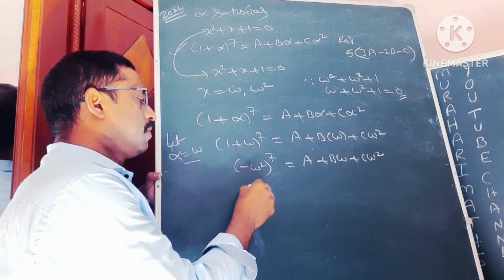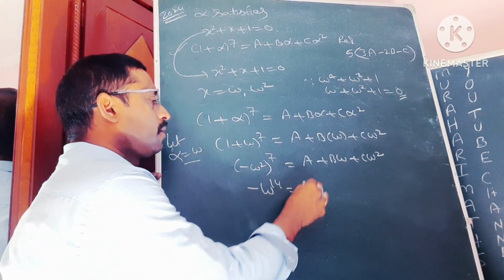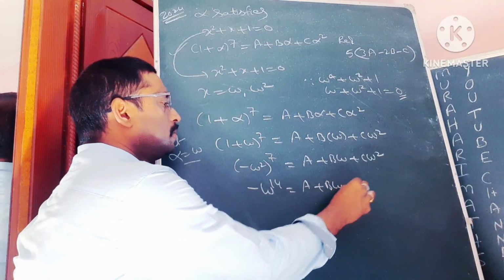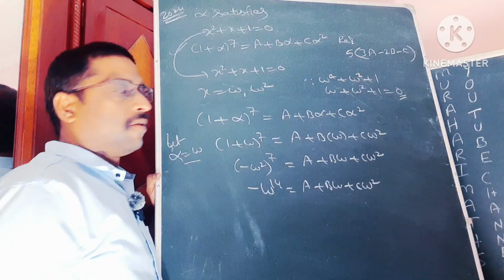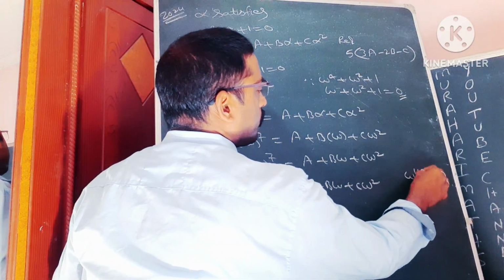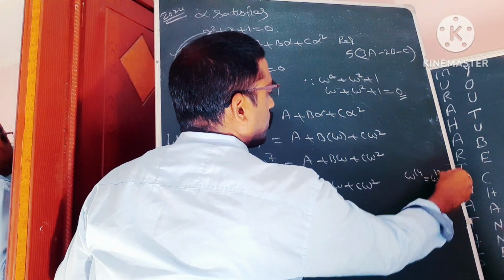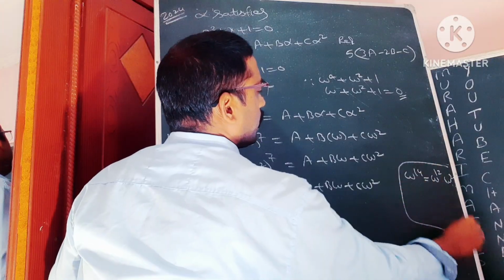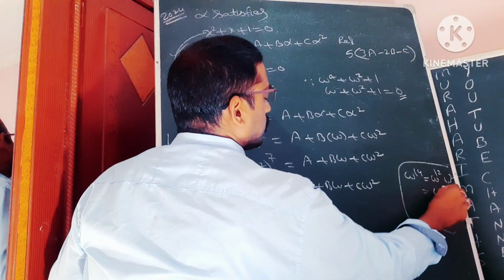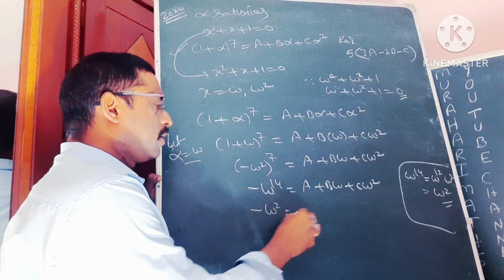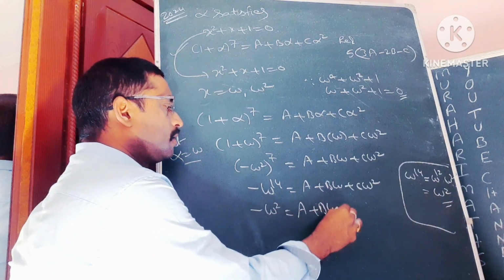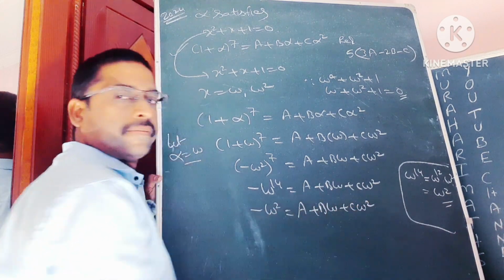So minus omega power 14 here is equal to a plus b omega plus c omega square. Omega power 14 value how much here? Omega power 14, I can write omega power 12 into omega square. Omega power 12 is 1, this is nothing but how much? Omega square. So minus omega square is equal to a plus b omega plus c omega square.